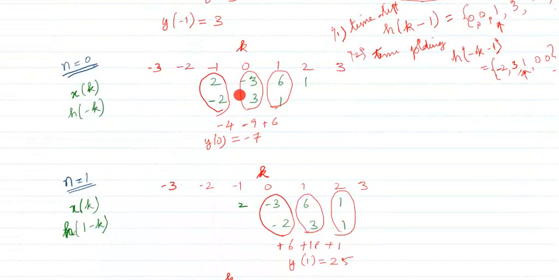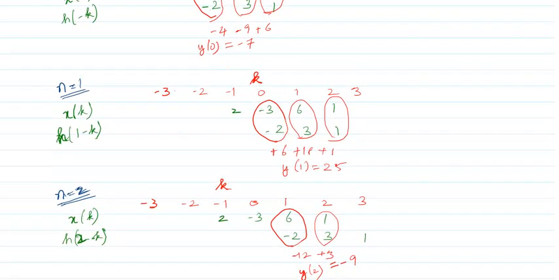Compare this minus 2, 3. Minus 2 is at the time minus 1. Now it is shifted to 0. Now you can multiply. Remember, x of k is constant, right? For all the cases it is constant. Only h is moving. Each time unit, 1 unit it is moving. So multiply minus 2 into minus 3, it is 6 plus 18 plus 1. We get the answer 25.